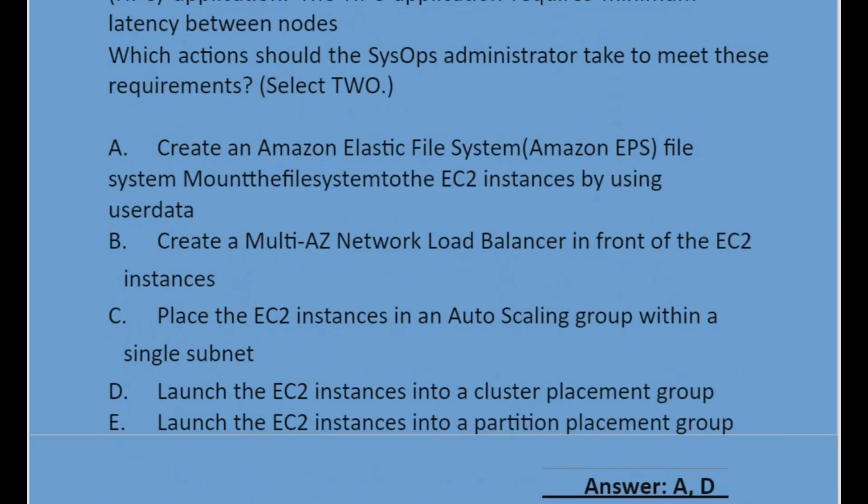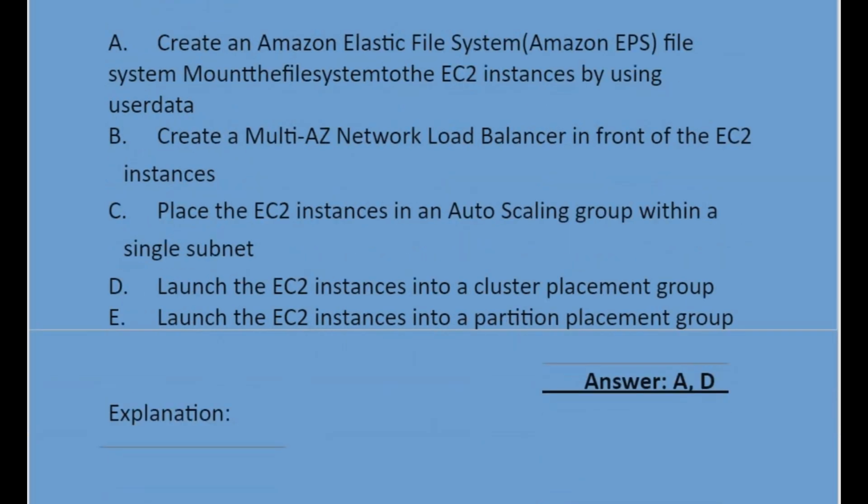Option C. Place the EC2 instances in an Auto Scaling group within a single subnet. Option D. Launch the EC2 instances into a cluster placement group. Option E. Launch the EC2 instances into a partition placement group. Correct answer is option A and option D.